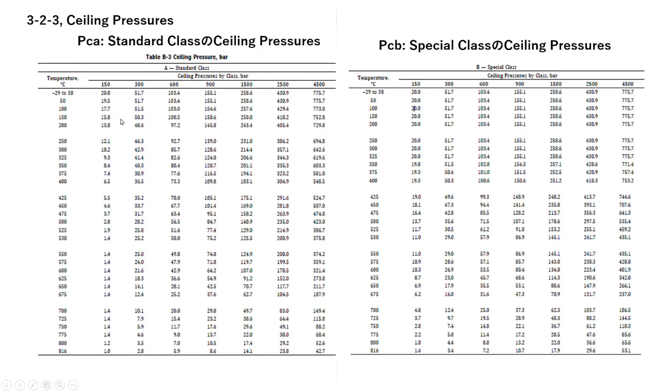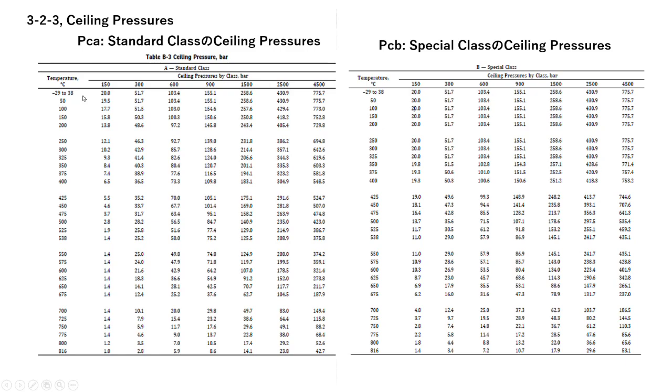So very detailed indicated ceiling pressure for temperature and each rating class. Right. So this number indicated the ceiling pressure, the maximum working pressure. So the calculated working pressure cannot exceed these numbers.